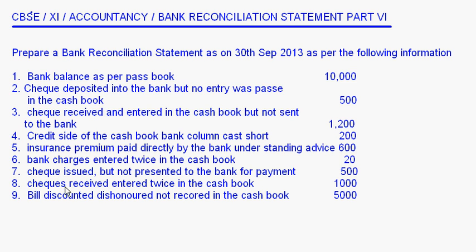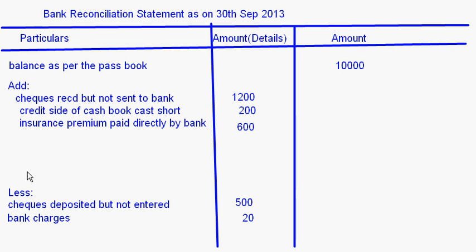Now, checks issued but not presented to the bank for payment. When you issue checks, it is deducted from the cash book, right? It's entered in the cash book. So the cash book balance decreases but not presented to the bank for payment. So bank balance is still higher. So here the cash book balance is less. It will come here.